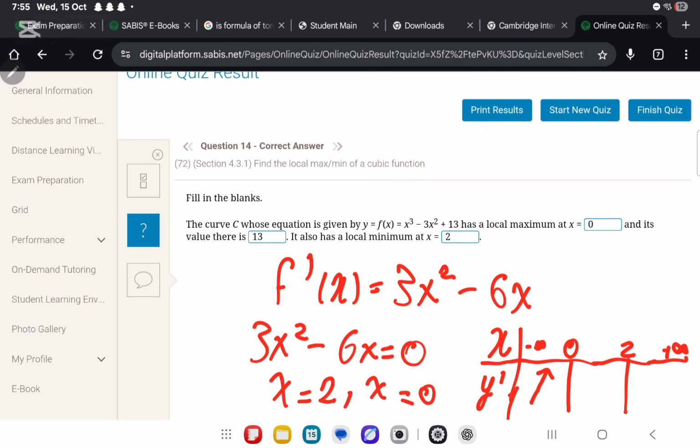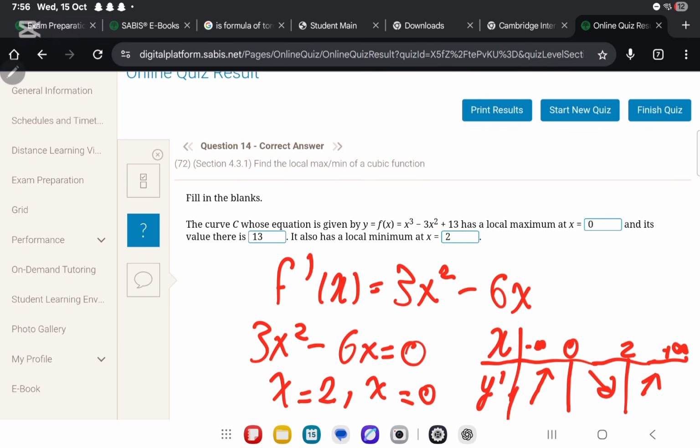Let's say 1. So 3 into 1 squared minus 6 into 1 gives me negative 3. Alright, now any number after 2, we'll say 3. So 3 into 3 squared minus 6 into 3 gives me 9. So it increases.